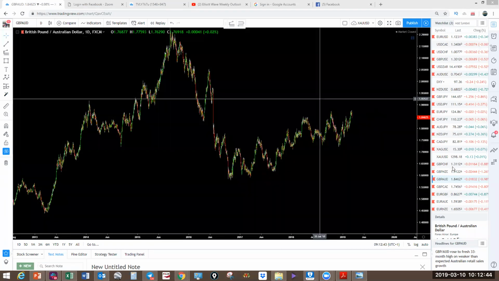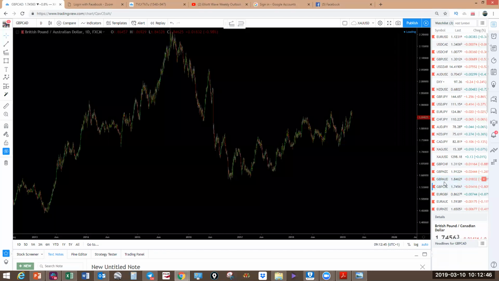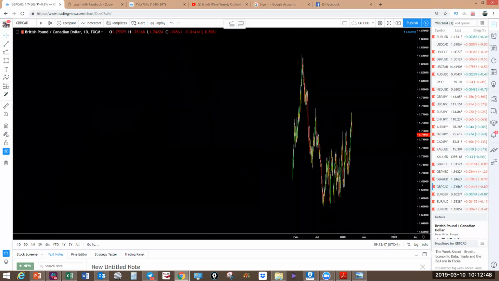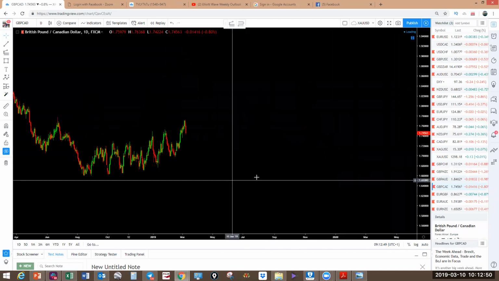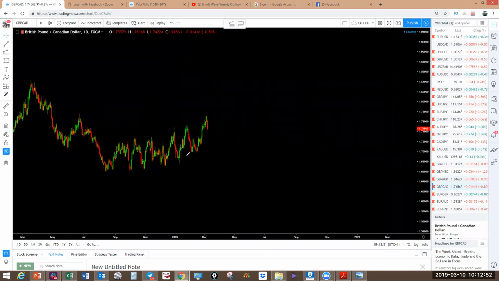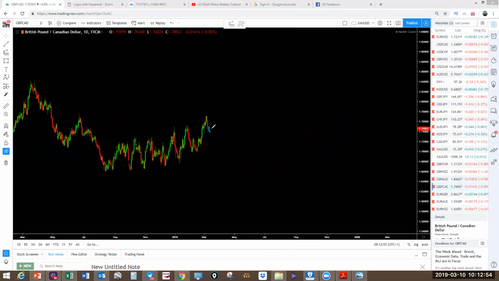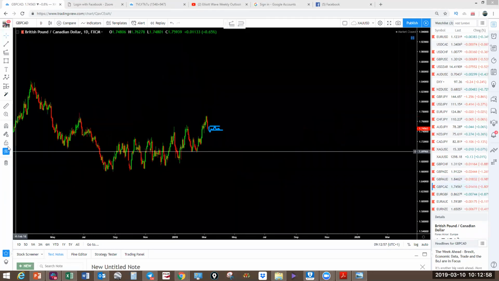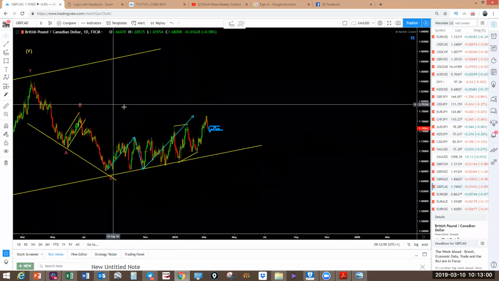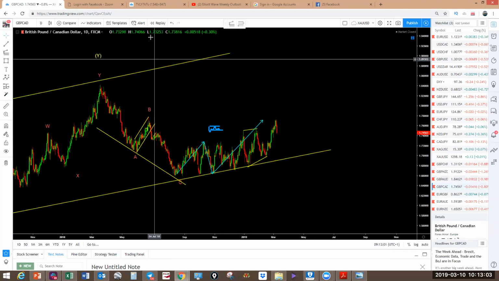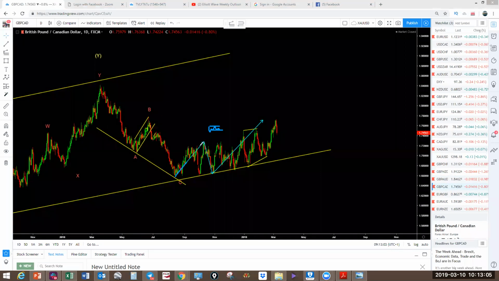It's pound Aussie, pound CAD. Pound CAD as well has made a reversal after that whole corrective structure. And we looked at the structure very interestingly, like this. A move to the upside in 3 waves. The 3-wave move there is this one, 1, 2, 3.